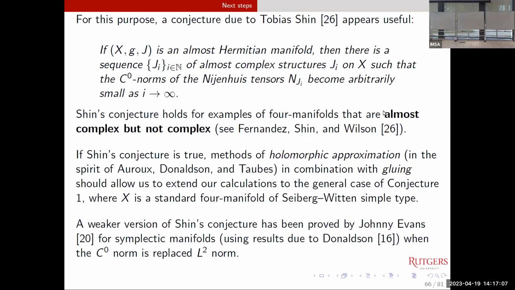One might dismiss this conjecture. Nobody knows whether it's true or false, and I've discussed it with many people. But there are examples of four-manifolds that are really not complex, which have almost complex structures.